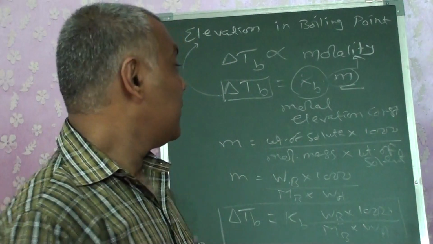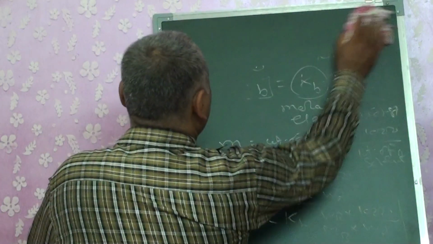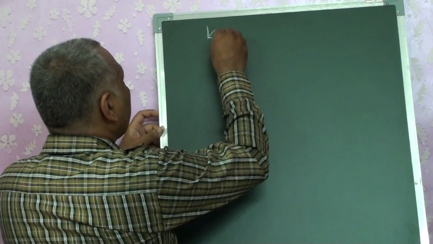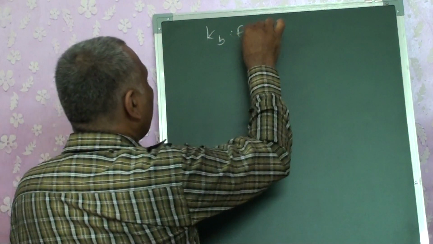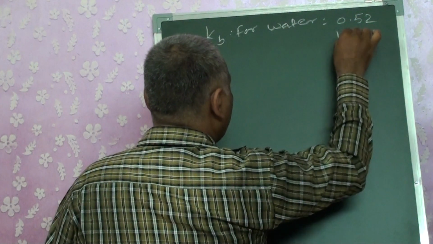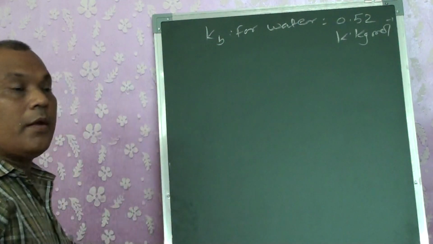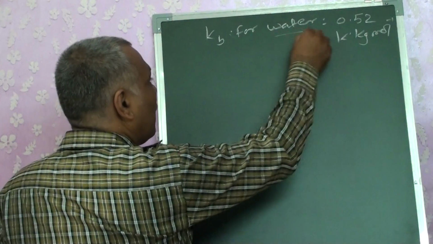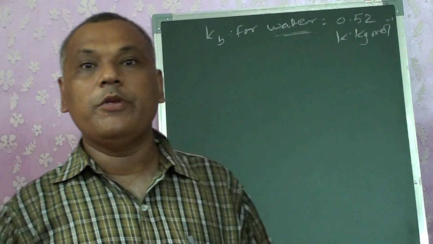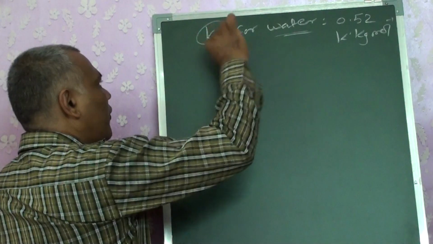For water, the molar elevation constant Kb is fixed at 0.52 kg per mole. For other solvents, we can calculate the value of Kb, but first we will define it.